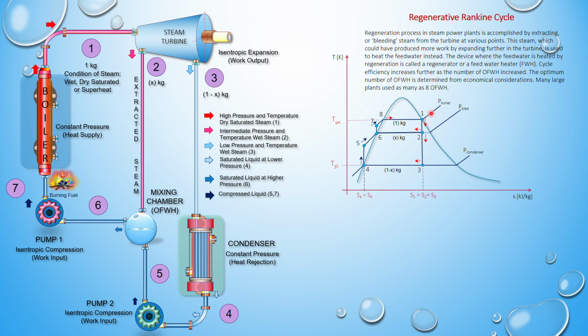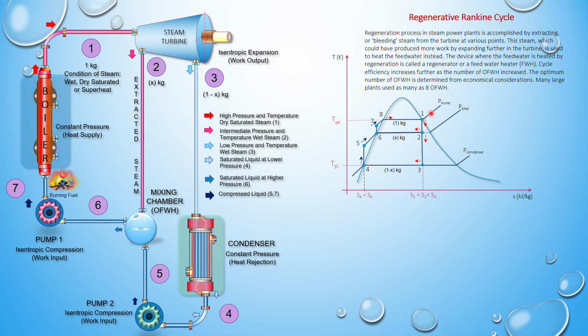Remember, if the temperature is higher than the saturation temperature with respect to the boiler pressure, it is always superheated. You can only get a temperature equal to the boiling temperature or the saturation temperature. You will never get anything below that.